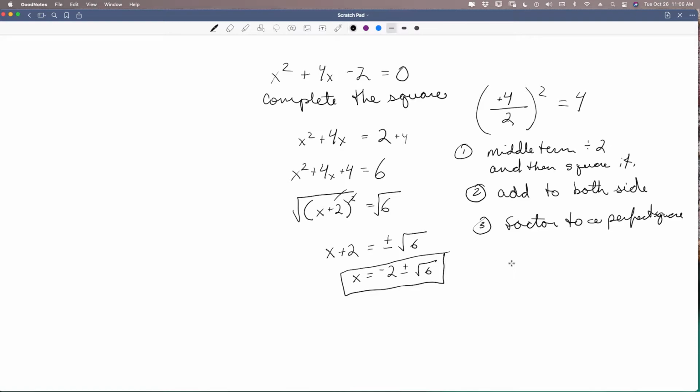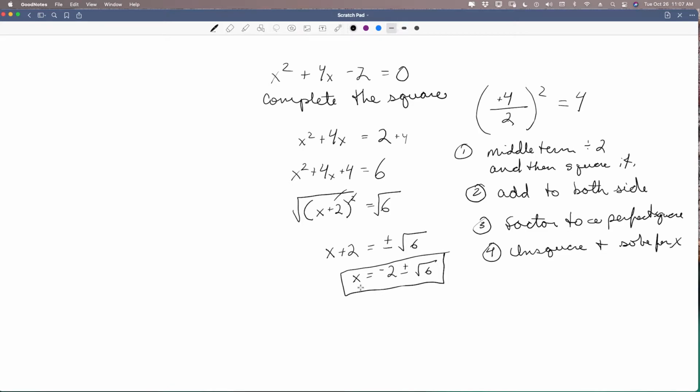And then we're going to unsquare and solve for x, or whatever the variable is. All right, those are your steps, 4 steps. We take the middle term, divide it by 2 and square it, add that to both sides, factor to form the perfect square, unsquare it, and then solve for x.